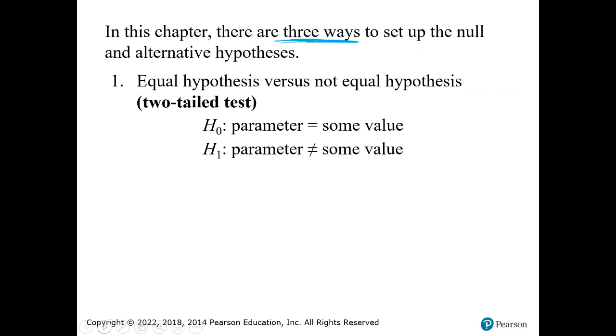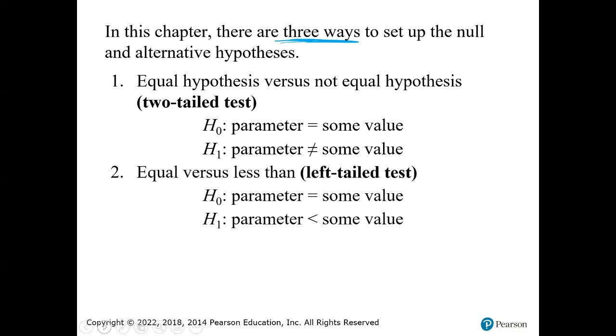We knew the proportion of heads to tails in a fair coin is 1/2. In the first example we looked at, the proportion of this coin's heads or tails is not equal to 1/2. So then I run some tests and I'm going to see it's not equal to it. Maybe it's bigger, maybe it's smaller.